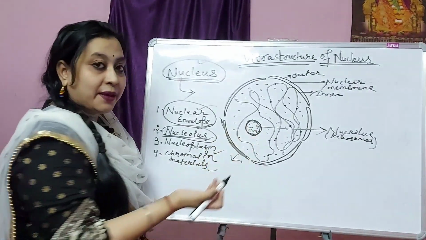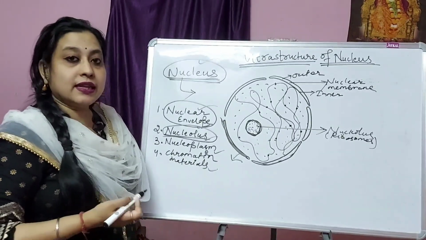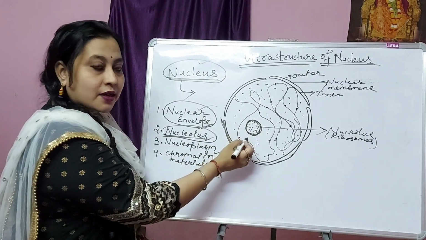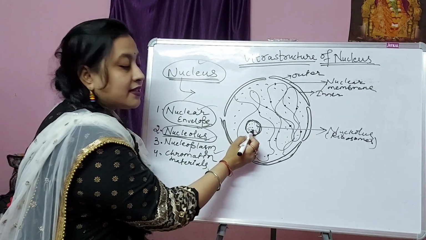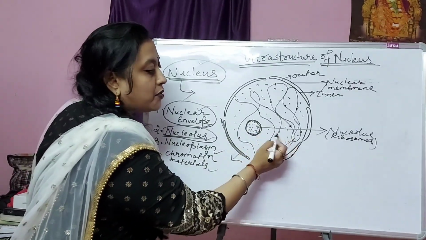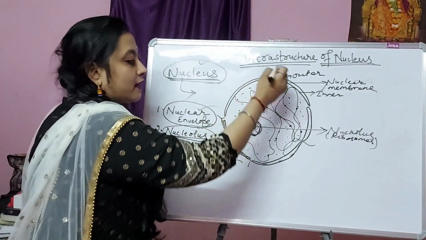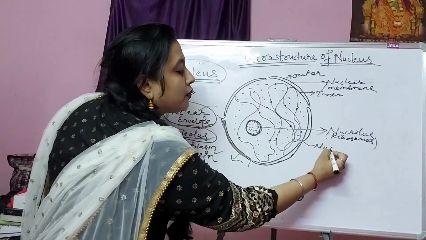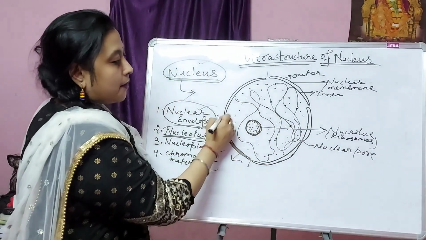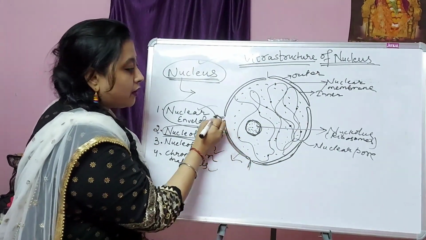We all know that the function of ribosomes is to take part in protein synthesis. So ribosomes are synthesized here, and after synthesis in the nucleus, they move outside through the pores. Another part is the nuclear pore, which is present at some points of the nuclear envelope.